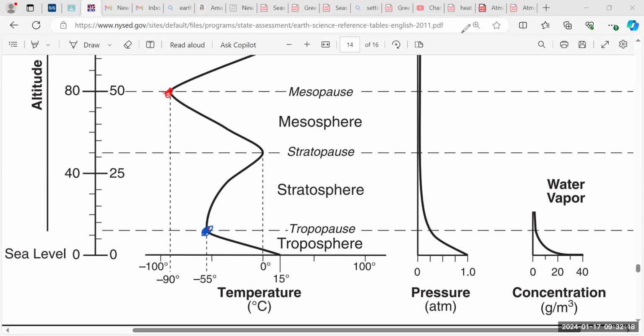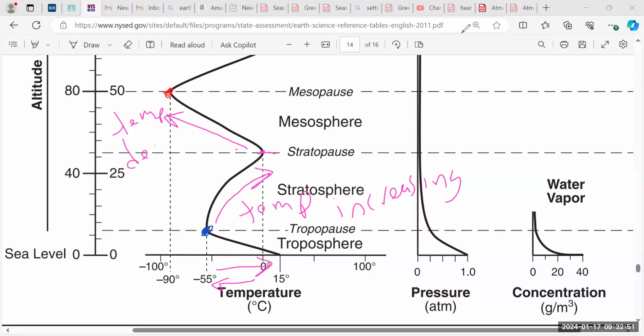Well, when I'm looking, I see the black line is moving to the right, then once it gets to this point, it moves to the left. When I move to the right as it goes up, the temperature increases. When I move to the left as it's going up, the temperature decreases. So right here, the temperature is increasing, and when I move to the left, the temperature is decreasing.